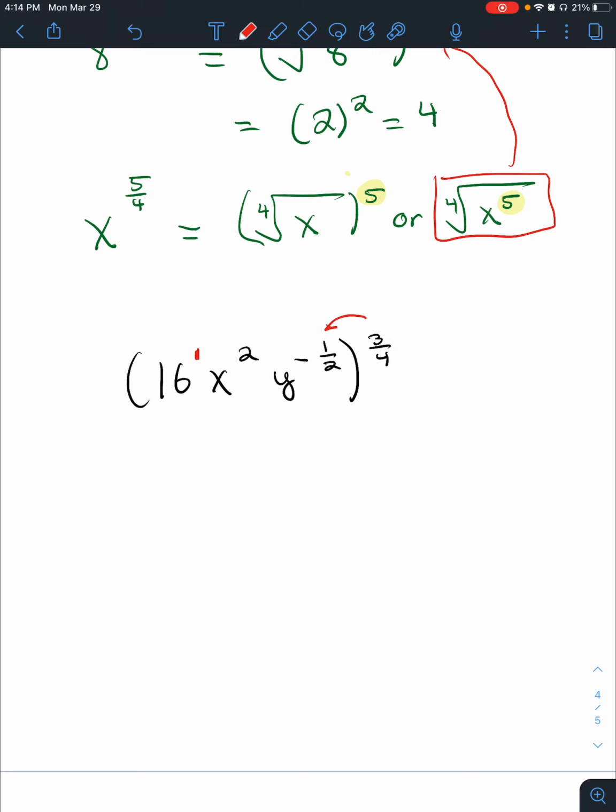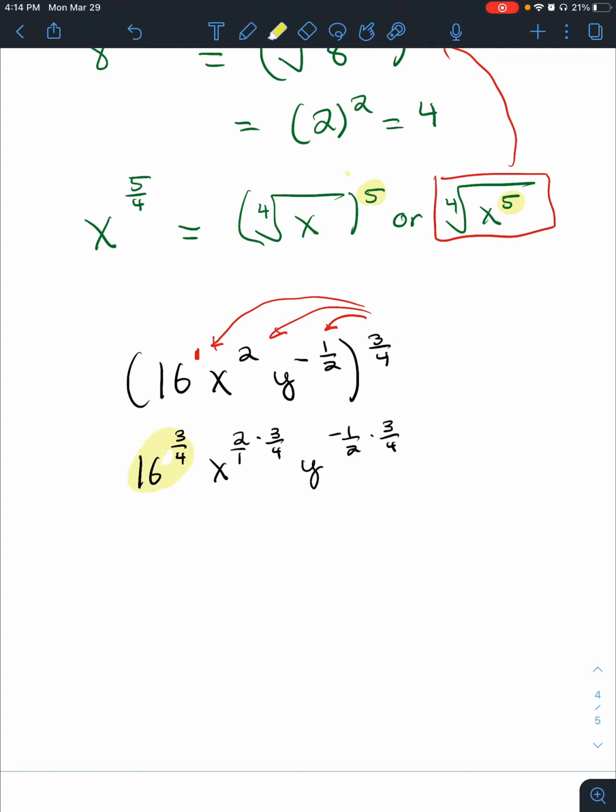I'm going to go ahead and multiply these just because I can. I'm going to have 16 to the 3/4, x to the 2 times 3/4, y to the negative a half times 3/4. I'm writing these down just to show you how to do the math, because sometimes I feel like we forget how to multiply fractions. So technically this is over 1.